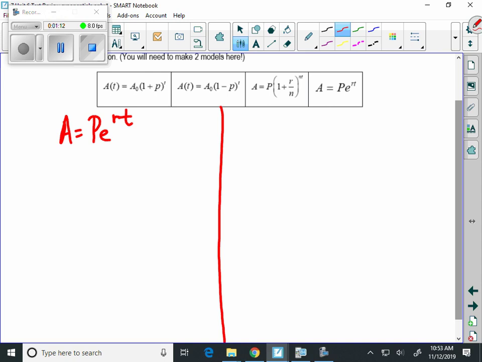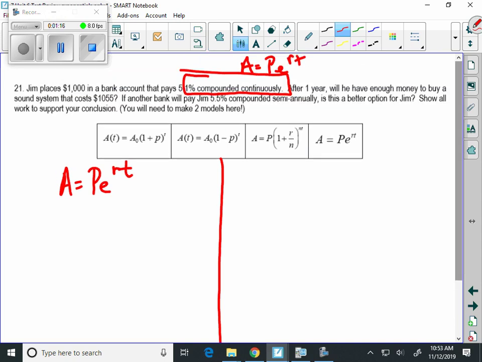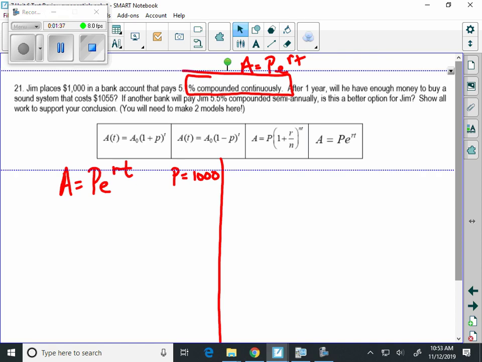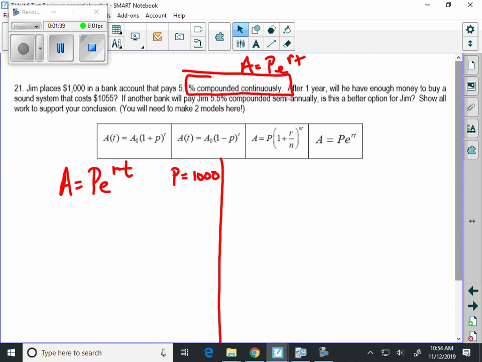The nice thing is, over here, some of the information's going to be the same. Jim's going to place $1,000 in the bank. That's going to be our P as we start this, and it's going to be the P when we go over here and do our second option. It says 5.1%, that's our rate.